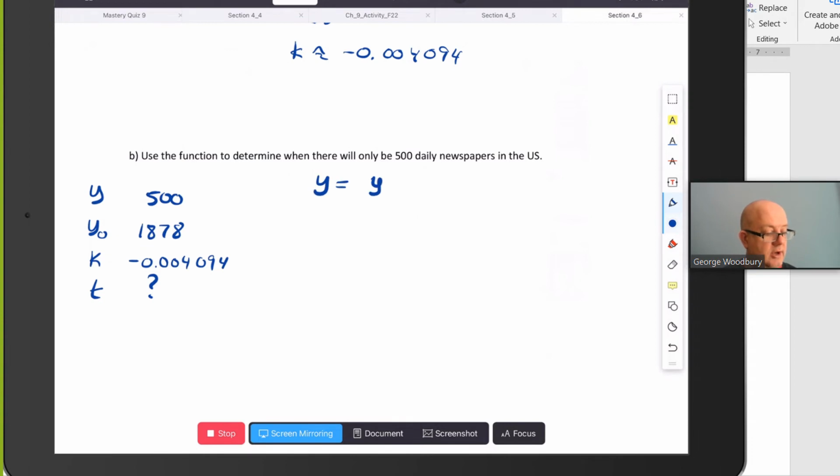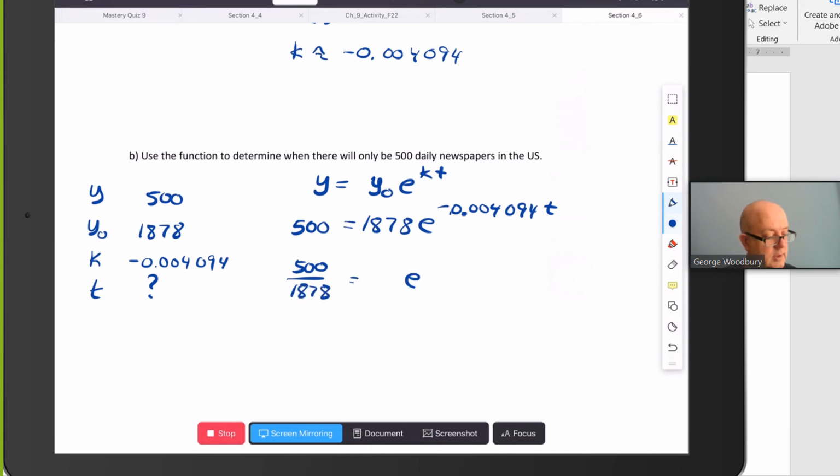Y equals y naught e to the kt. 500 equals 1878 e to the negative 0.004094 times t. Divide over the 1878. That isolates the exponential part.